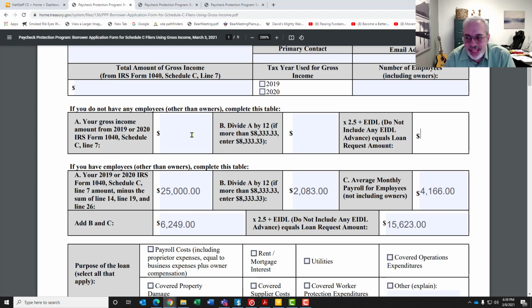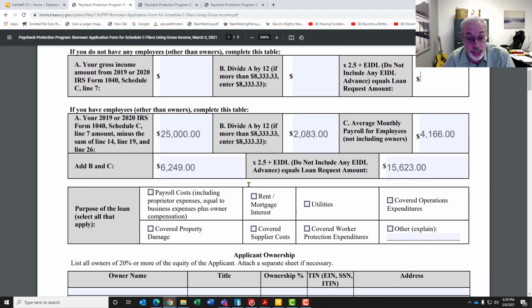And it only worked out that way because I made my numbers very round and simple so we can see it. But if you have employees, you will do it this way. If you do not have employees, back up this video, rewatch the first section we did on how you do it if you don't remember. And it's pretty simple. From there, we've now calculated it, and it's pretty easy.